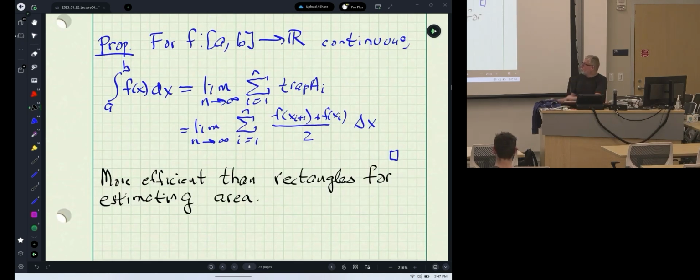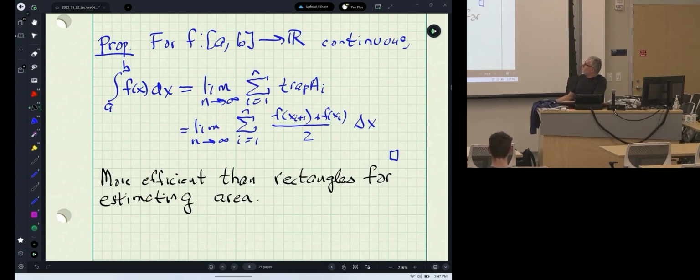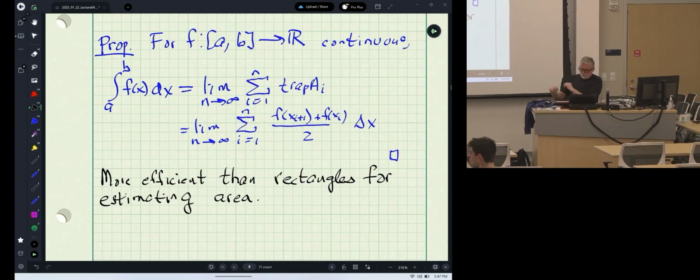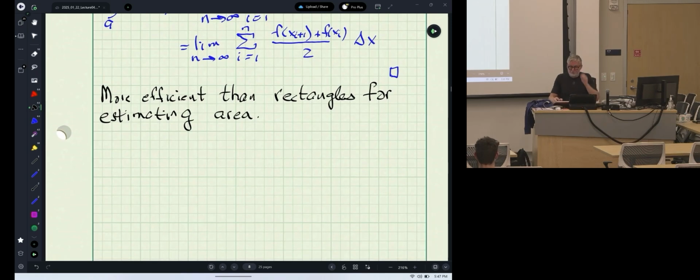Okay, and you can take the same code we had before and very easily modify it to, instead of doing max and mins, just use the two endpoints, etc.